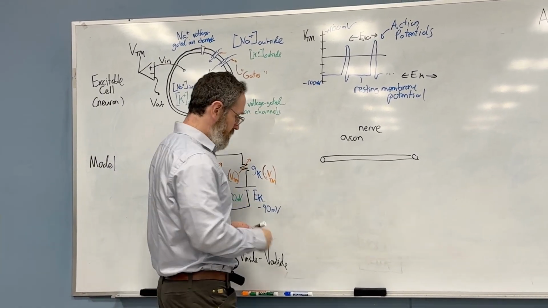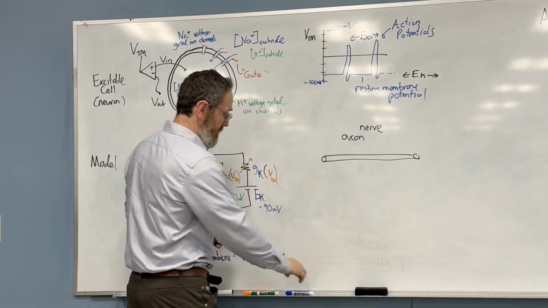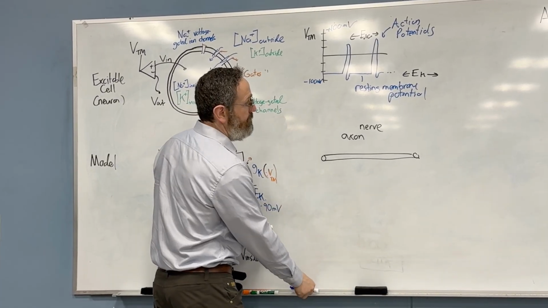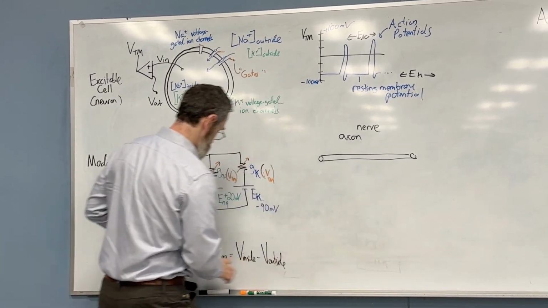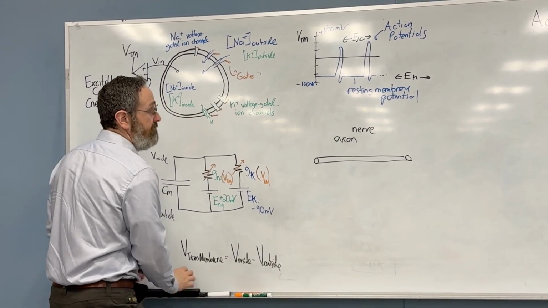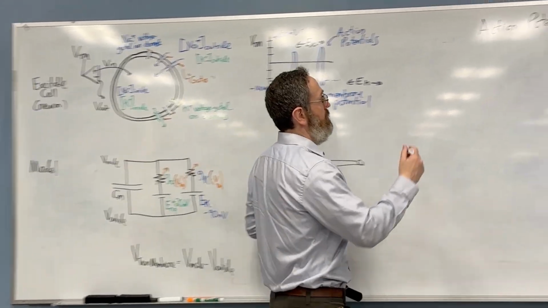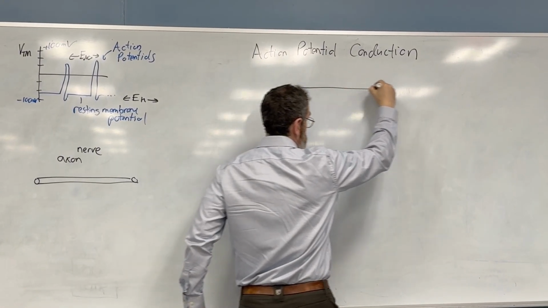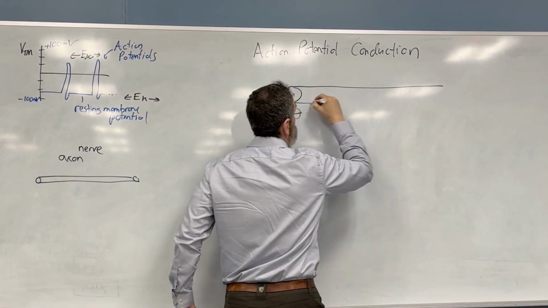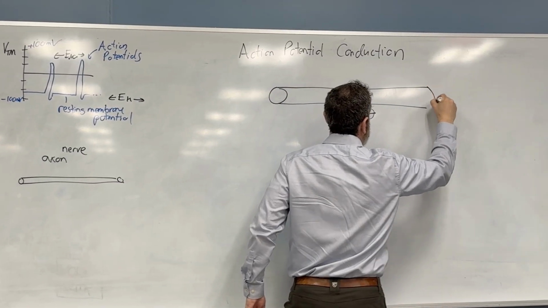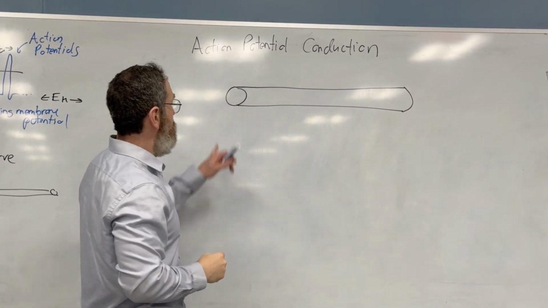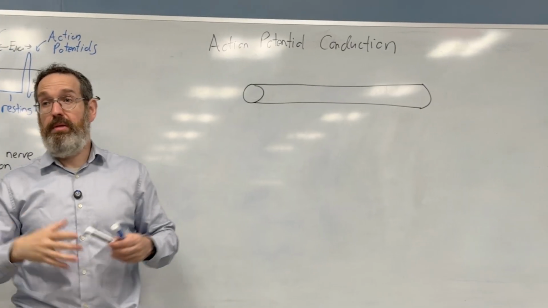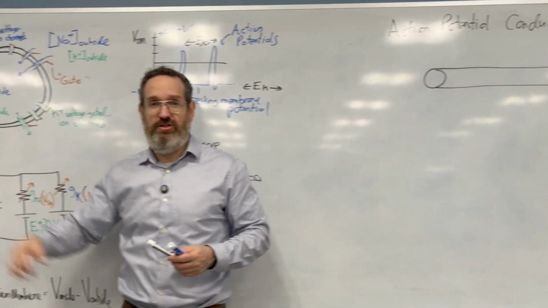So what I'm going to do is I'm going to add this cell. Let's work here. I'm going to redraw it. Here's our tube. And I want you to understand that this tube is made out of a membrane, a layer of fat just like this, right?